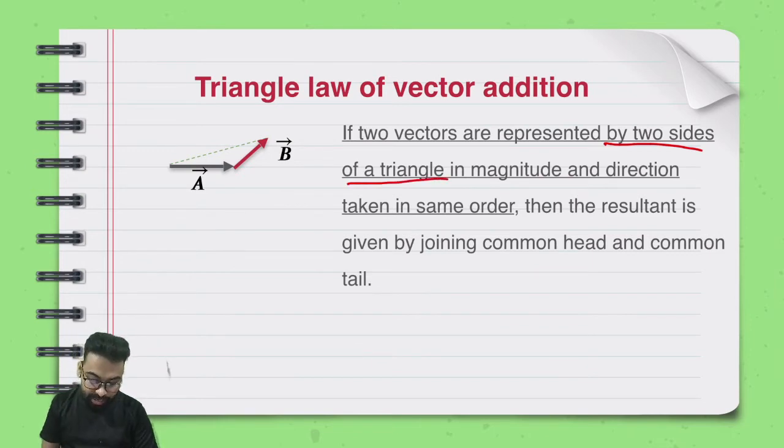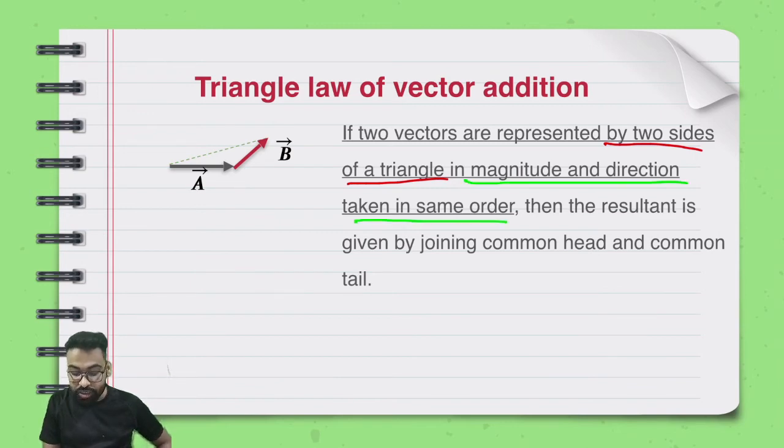I hope everybody can see that this is a triangle and these are two sides, right? How are these two sides to be kept? They are to be kept in magnitude and direction taken in the same order. That means once I have put in A, at the end of A, I have to put B, so that I take it in the same order. First A, then B. If there is a C, I will keep C at the end of B.